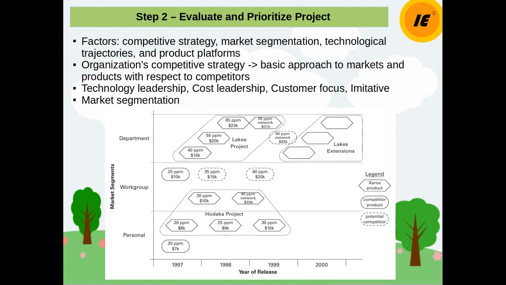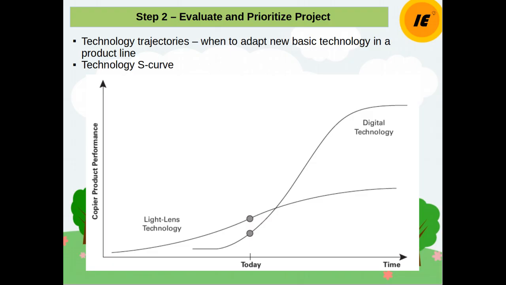Now we'll move into technology trajectories and product platform. Another factor in prioritizing any project, or deciding which project to take first, is to have a good understanding of which technology should be adopted at what time.